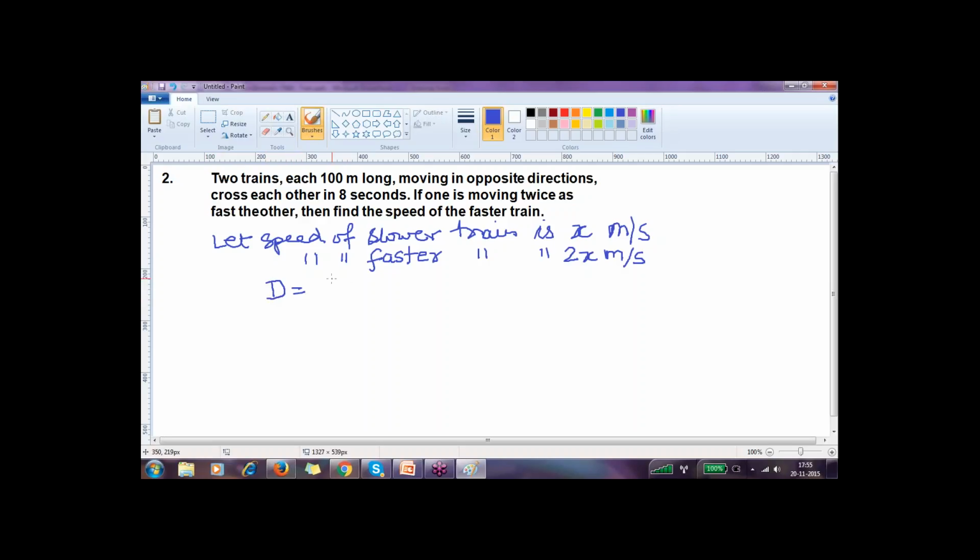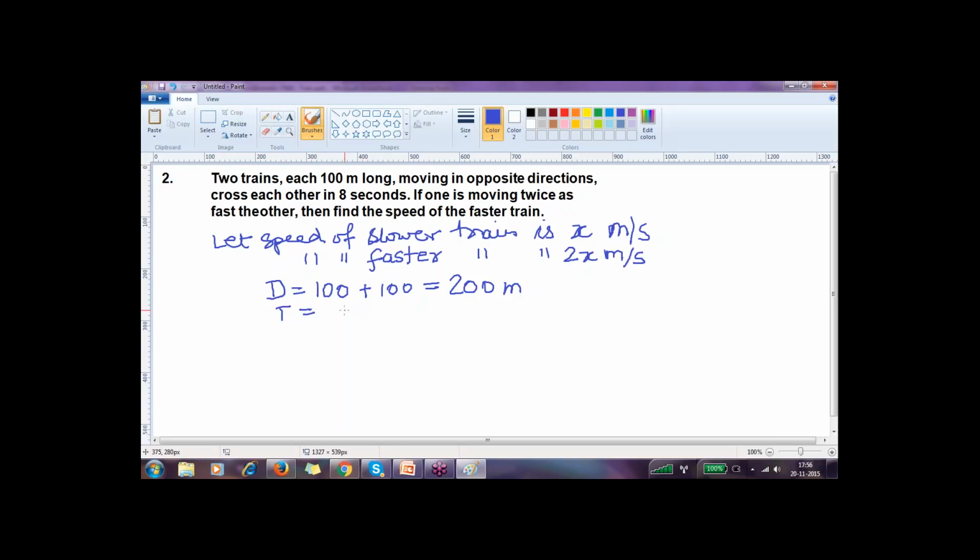Now what is the distance here? Just recollect that situation: when two trains cross each other from opposite directions, the lengths are added. Length of each train is added. So 100 plus 100, which is equal to 200 meters. What is the time?